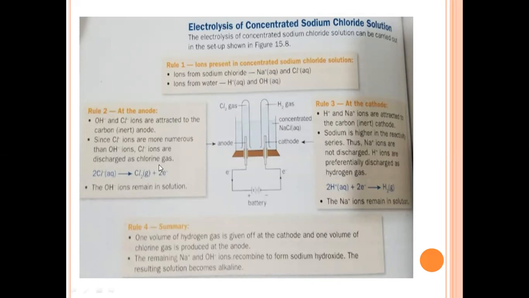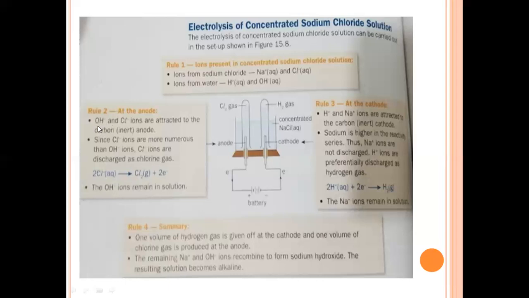So what happened at the anode? Here is a rule from the reactivity series that the ion which is present in more amount goes to the anode. So chloride can go to the anode and lose its electrons.